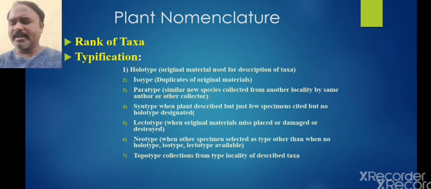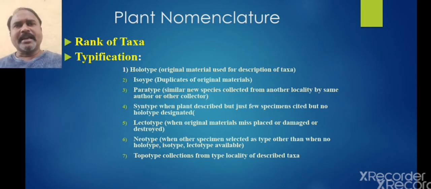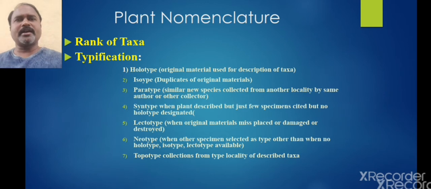Then come to the next type, that is the paratype. A paratype is also very useful in the typification method. What happens if some author, when describing a new species, or before publication, realizes that specimens collected from a different locality also belong to that new species.